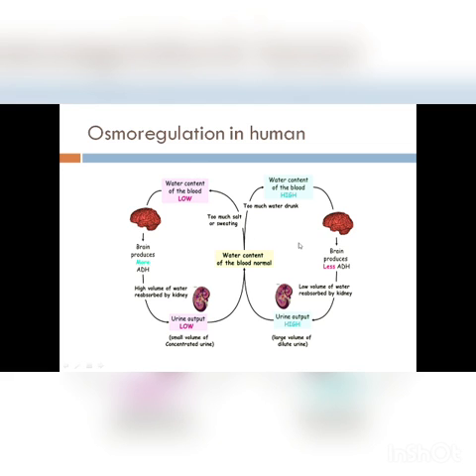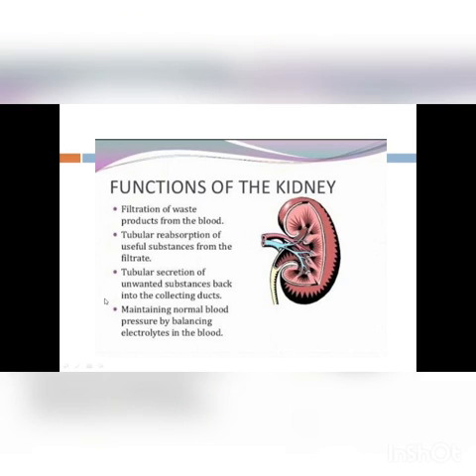It is under the control of the brain, and the brain gives the message to the kidney, and with relation to this hormone, the kidney performs its function. If the water content is low, urine output will be low. If the water content is high, urine output will be high.